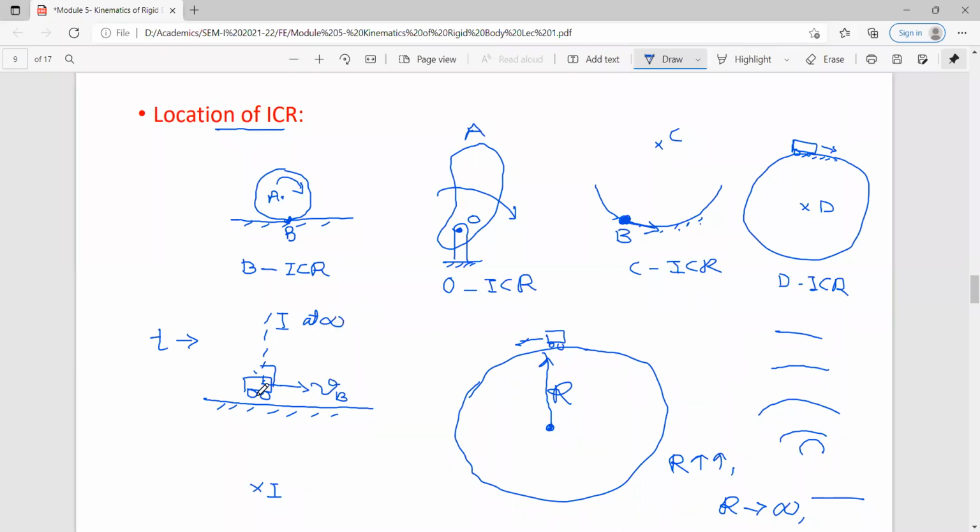Okay, if you say that bus is moving on the earth's surface, then it is at radius which is equal to this 6400 kilometers something. If you say it is totally straight, not the earth's surface, then I will say that ICR is at infinity. Its radius is very, very large. Got it?